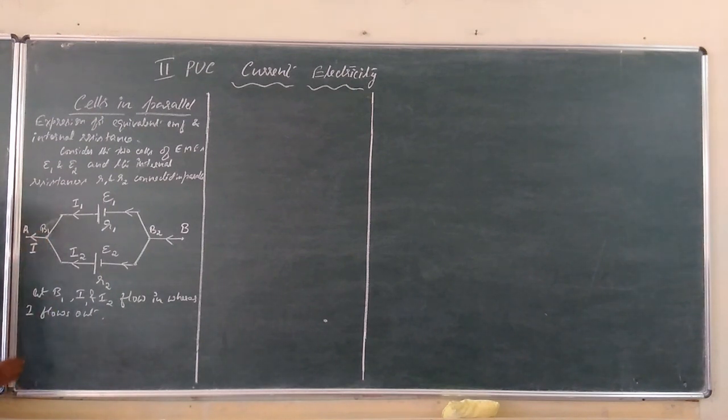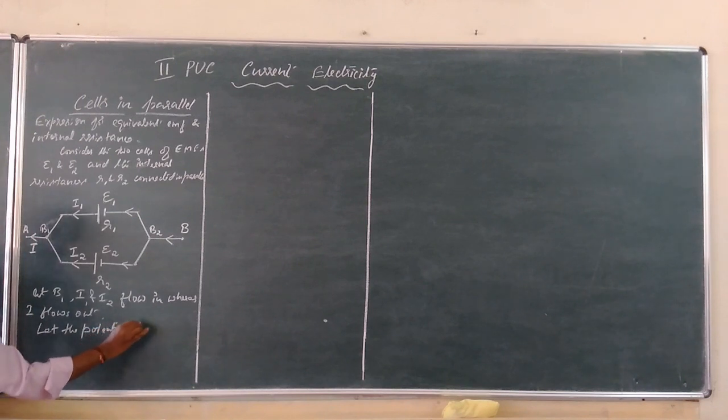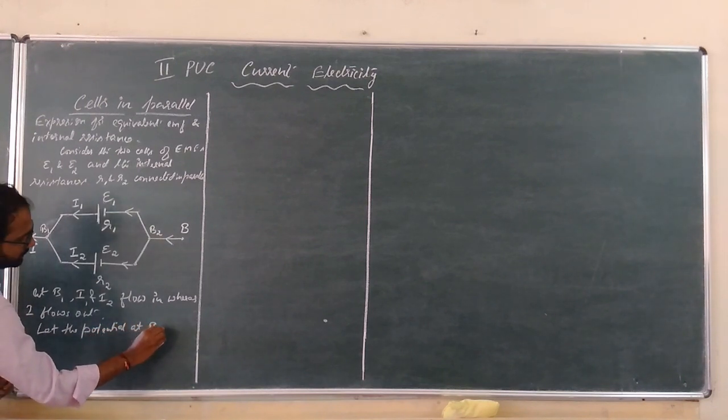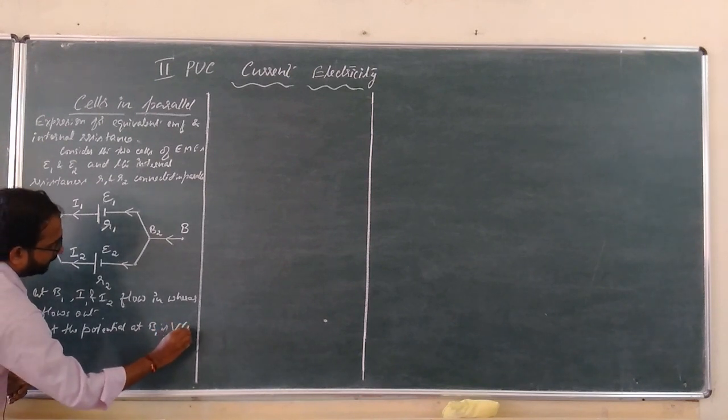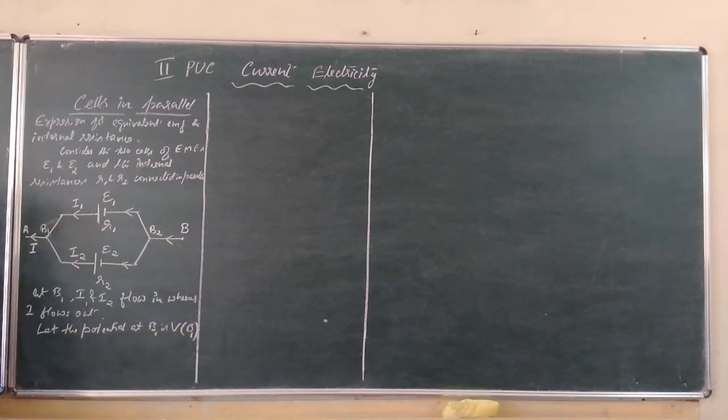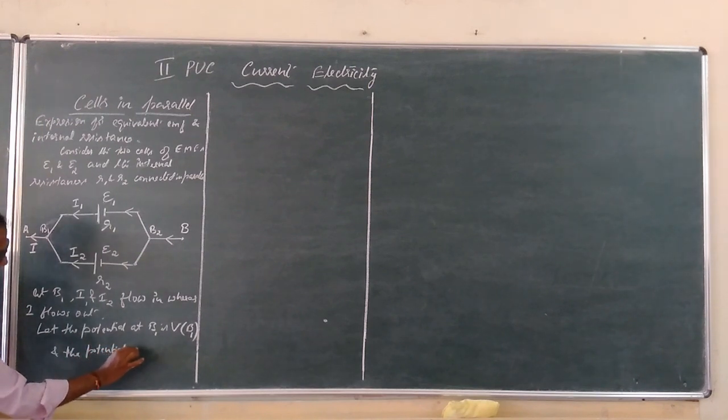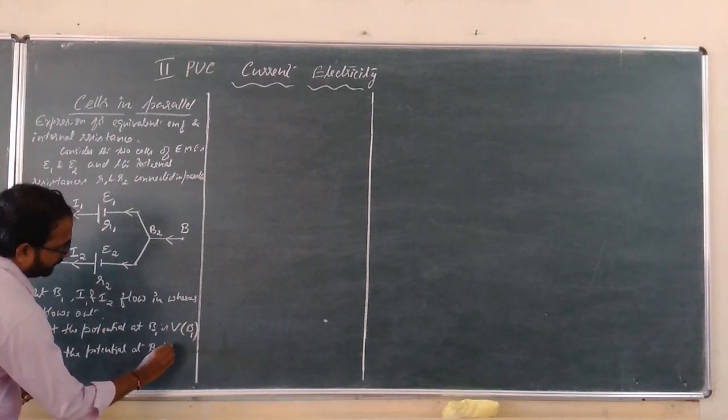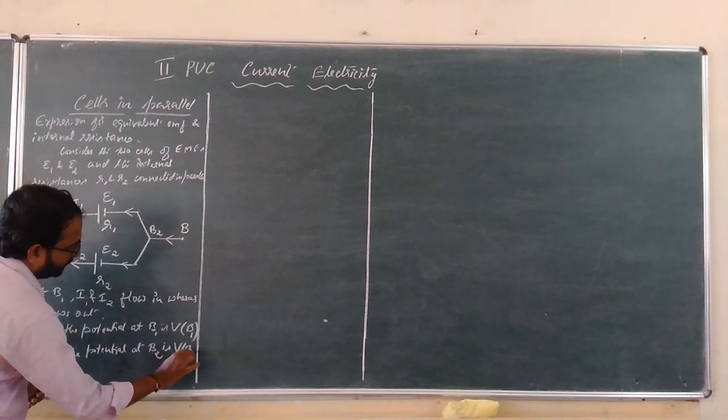So at B1, let the potential at B1 be VB1, and the potential at B2 be VB2.